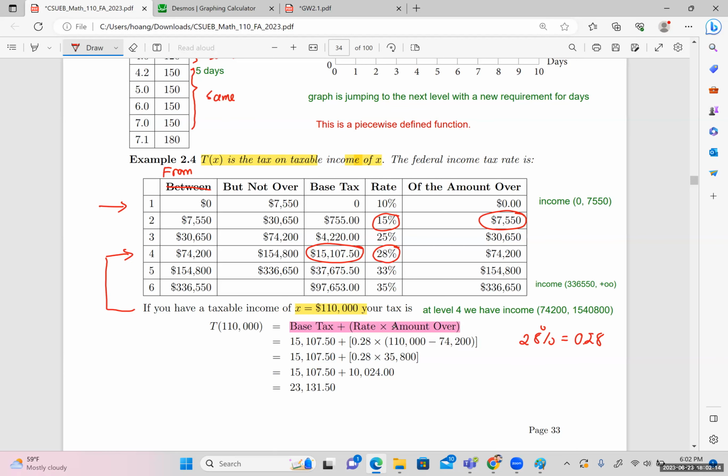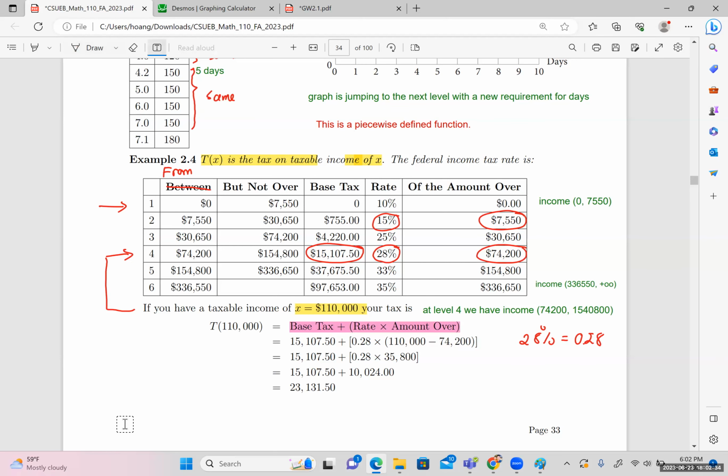And then I multiply with the amount over. What is the amount over? The amount over 74,200.